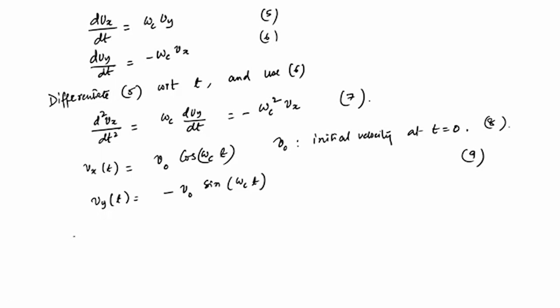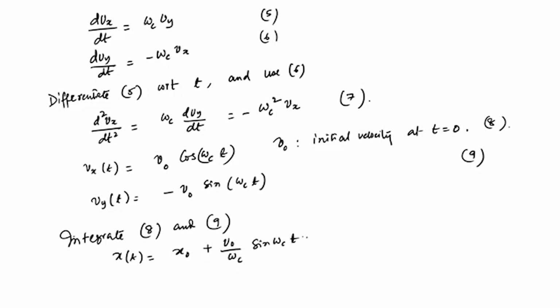So, if you integrate 8 and 9, one gets x(t) equal to some initial x0 plus V0 by omega c sine of omega c t, and y(t) is equal to y0 plus V0 by omega c cosine of omega c t.